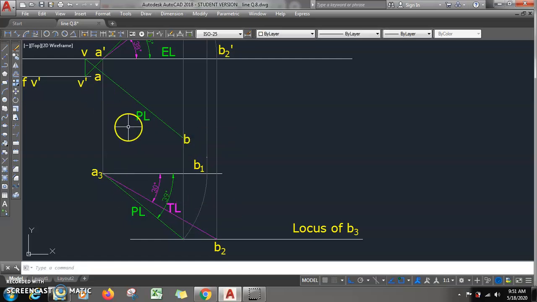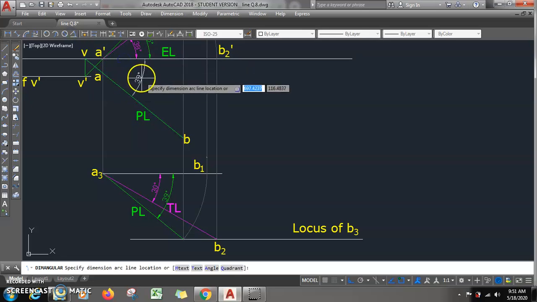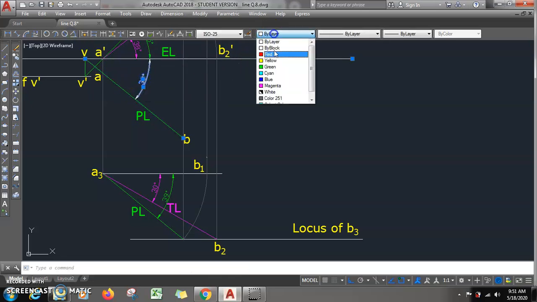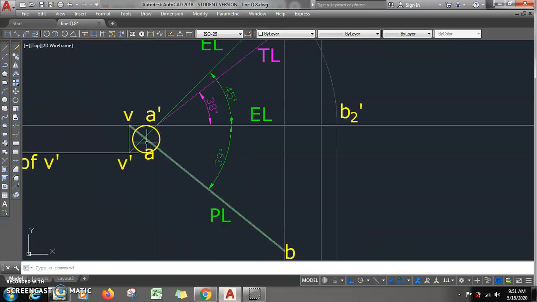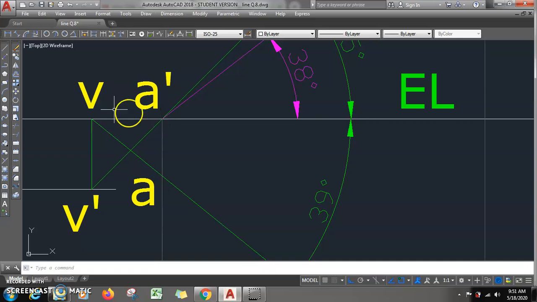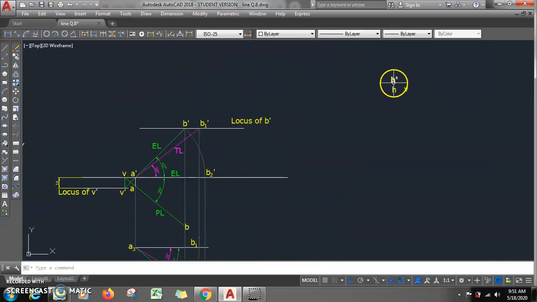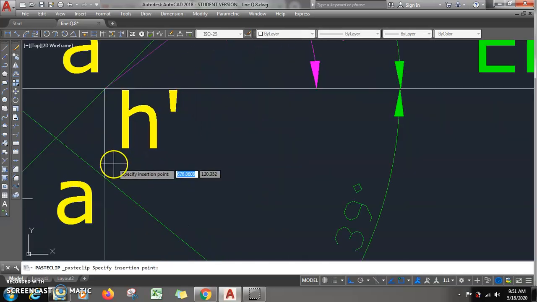What will be the length of AB? This is the plan length, and you see this angle is how much? This angle is nothing but beta. Okay, and once we have this, where is HT? You see, at point A dash itself there is point H dash, and if you draw a vertical on the opposite line you will be getting H. So in this way H dash, you see, at this point itself there is H dash.